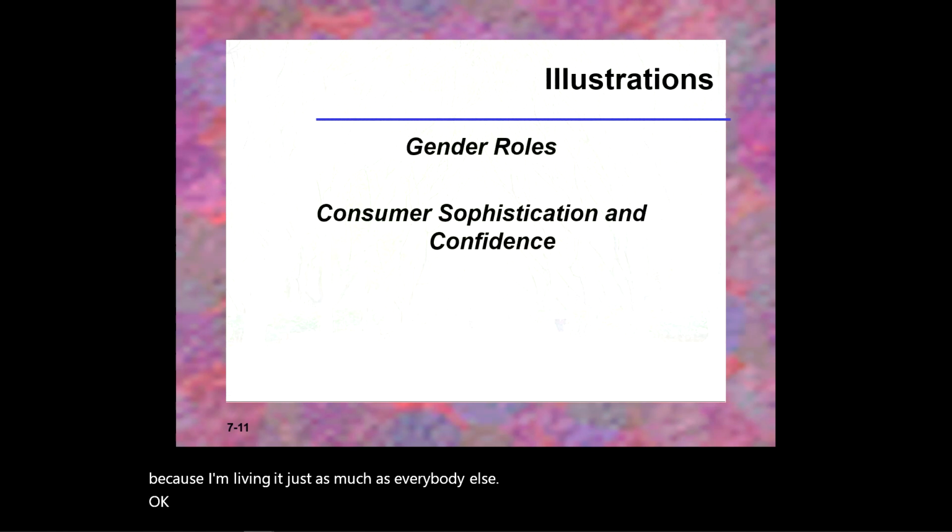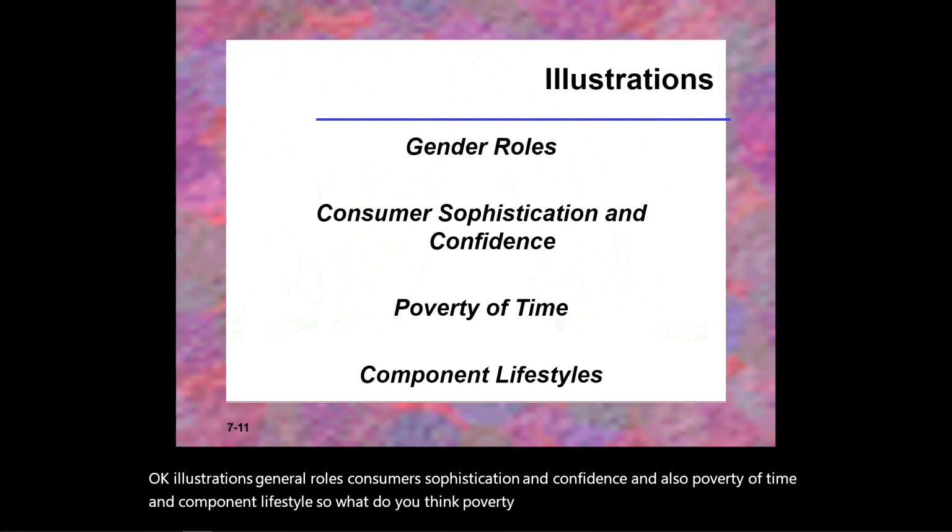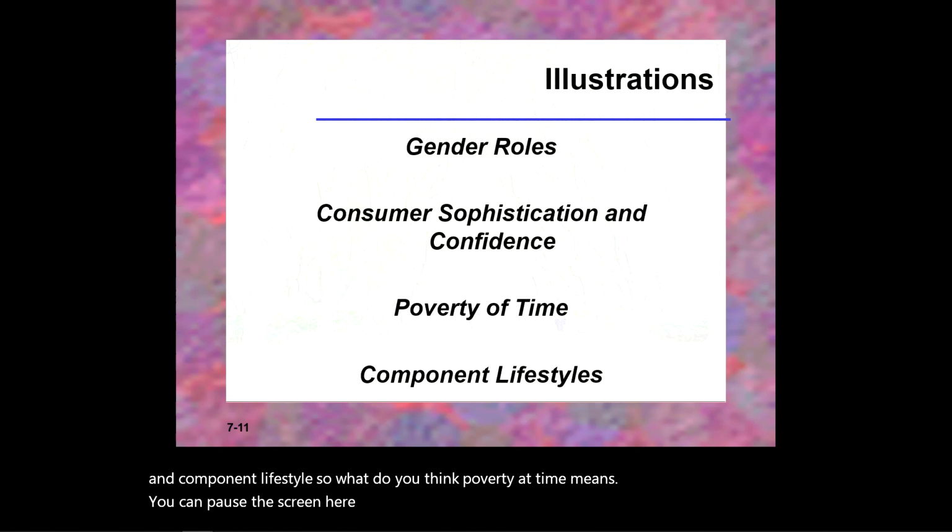Illustrations, general roles, consumer sophistication and confidence, and also poverty of time and component lifestyle. So what do you think poverty of time means? You can pause the screen here and let me know what you think about that. What is the poverty of time?